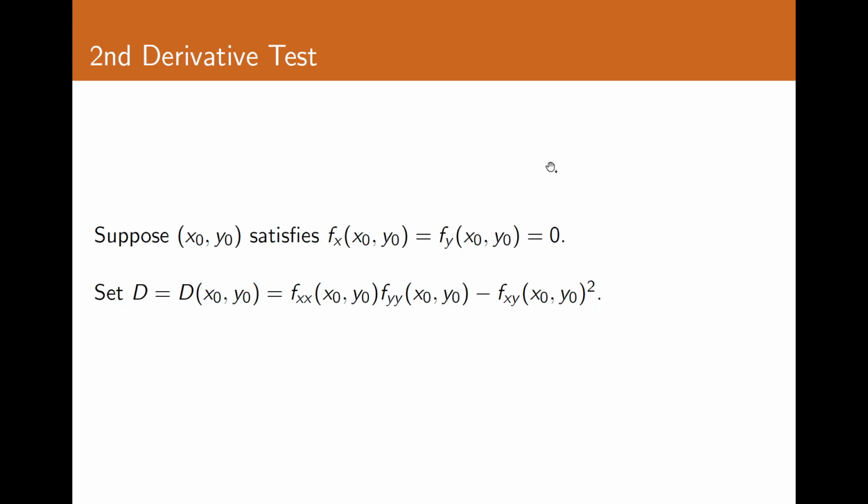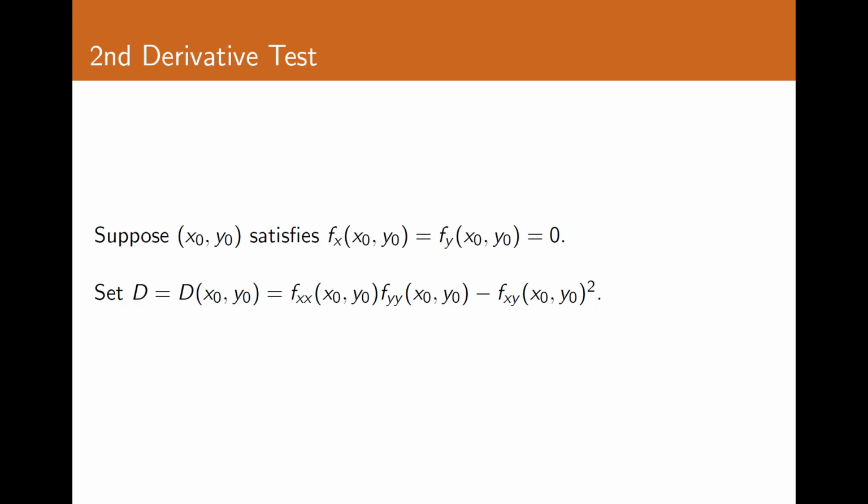Let's set D, which is really a function of x0 and y0, but we'll suppress it from the notation just to save some space. This is the second partial derivative of f with respect to x both times, times the second partial derivative with respect to y both times, minus the square of the mixed partial derivative.